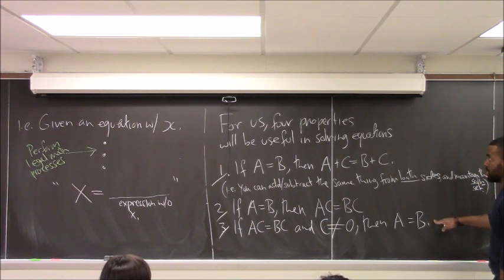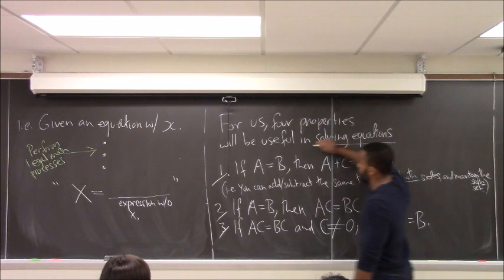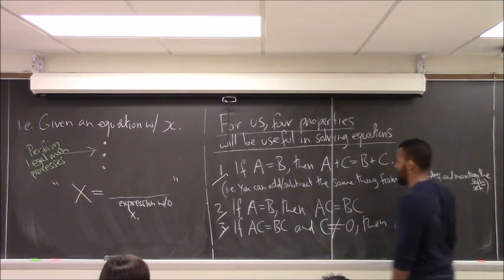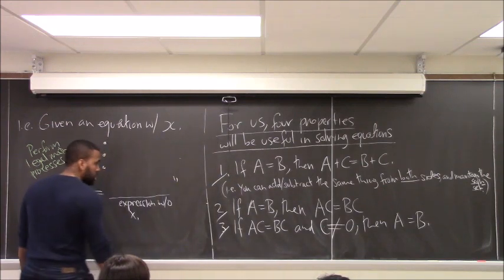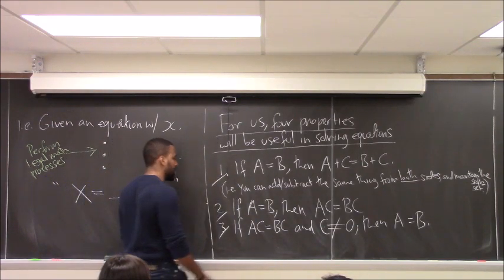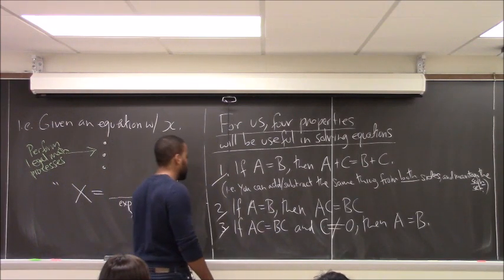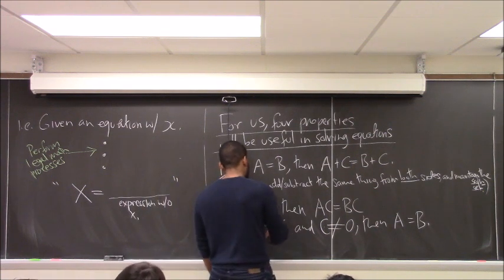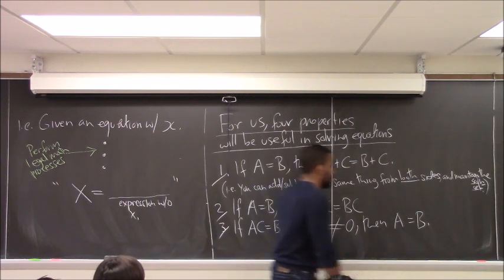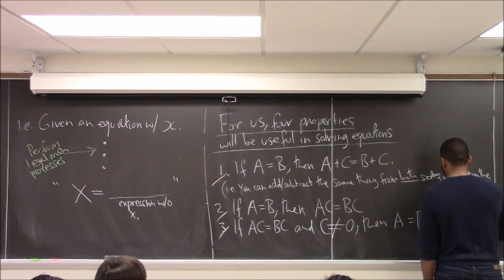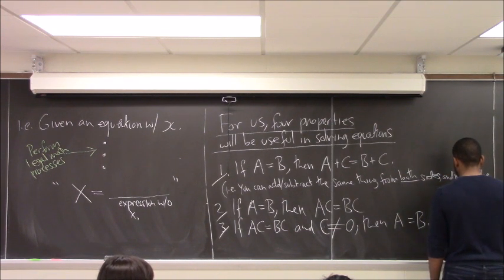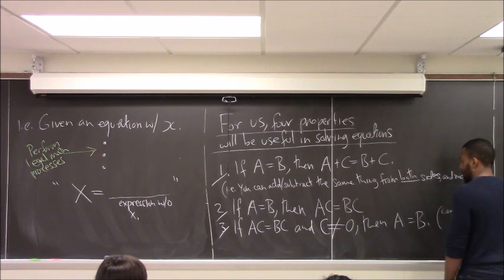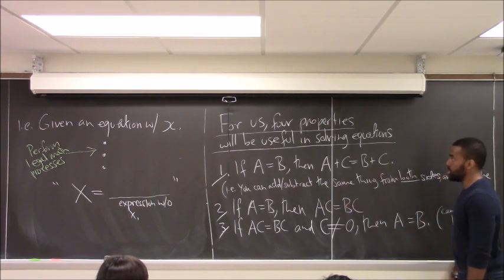That actually is not true once you get to some higher mathematics. But this one is often referred to as the cancellation law. You can cancel the C's on both sides, or divide both sides by C and cancel them. You can only do it if your C is not 0.